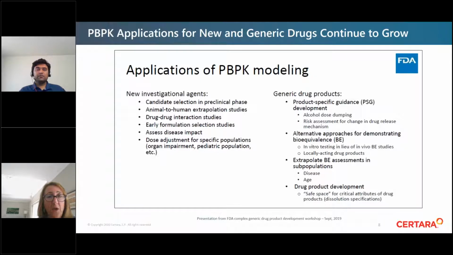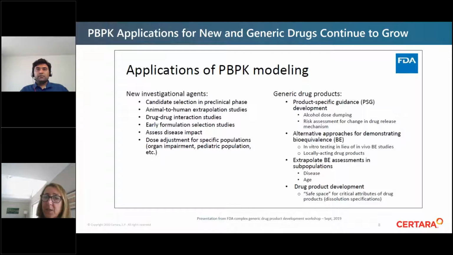First, you have new investigational agents, and some of the areas I mentioned earlier. These can begin with formulation, with preclinical to clinical translation, animal to human, well known for drug-drug interactions, and a range of areas for special populations, etc.